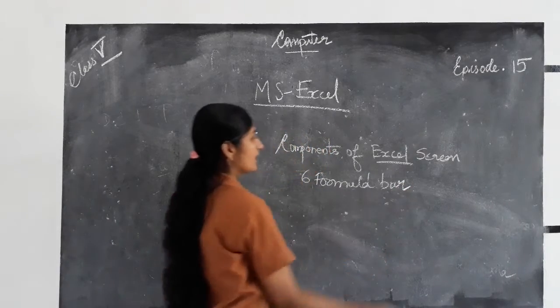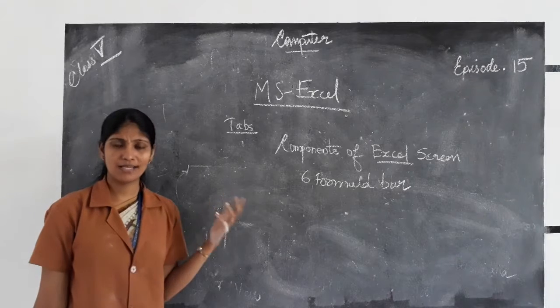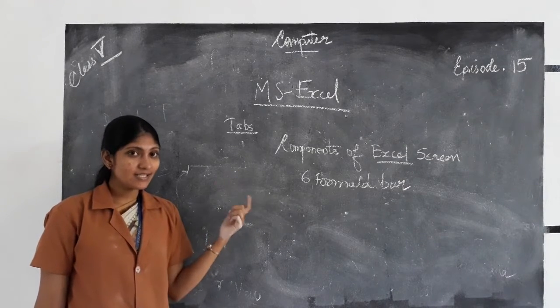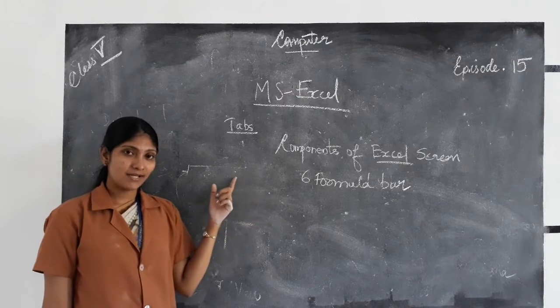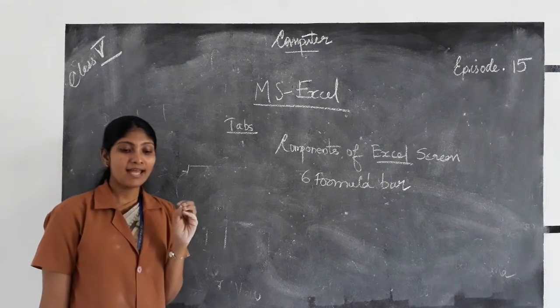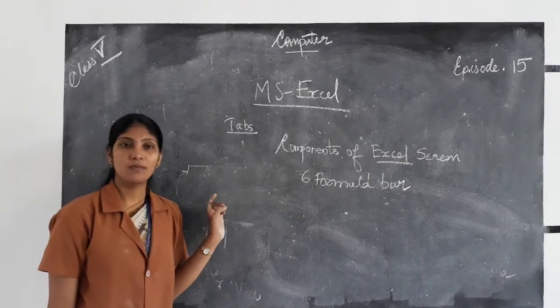So when you type a text or a formula or equation, what happens? The content you typed will be displayed on the formula bar. When you click a cell, you can see its contents in the formula bar.